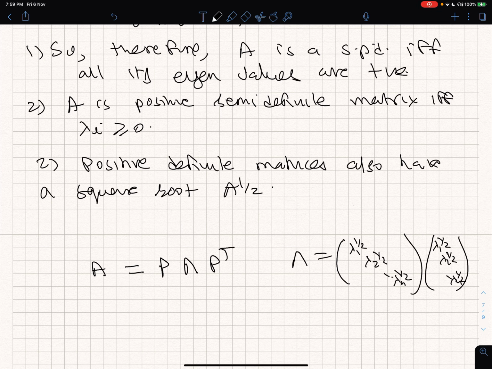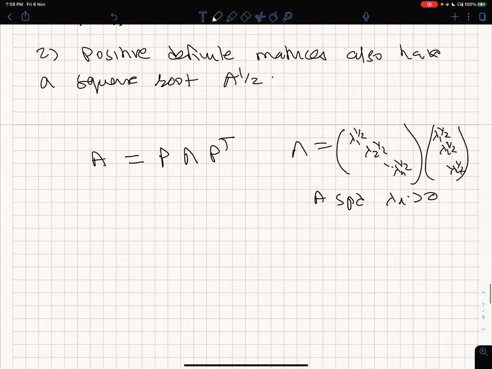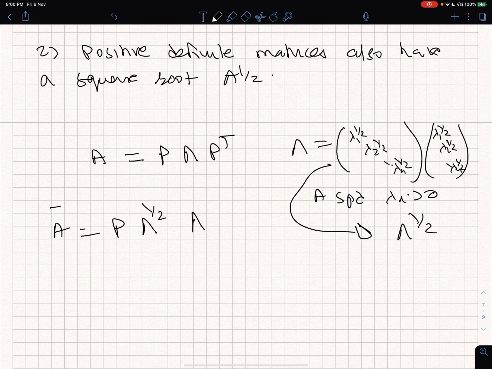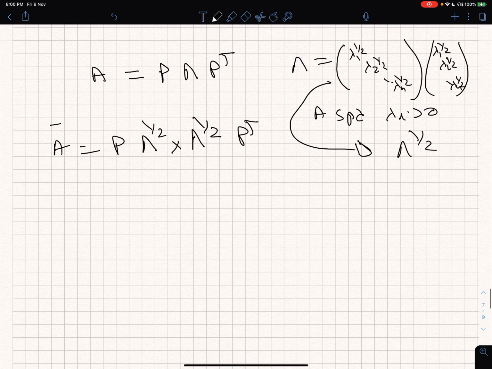Because A is symmetric positive definite, all lambda i's are greater than 0. So I am going to call this matrix the lambda to the power half matrix. I write this as P lambda to the power half into lambda to the power half into P transpose. But P transpose P is an n cross n identity matrix.